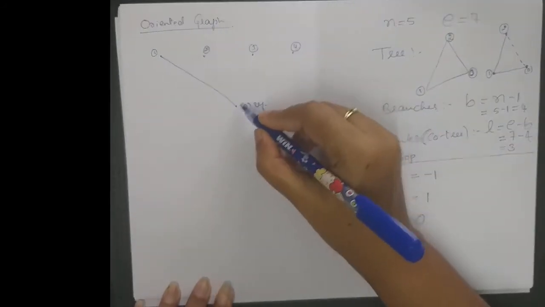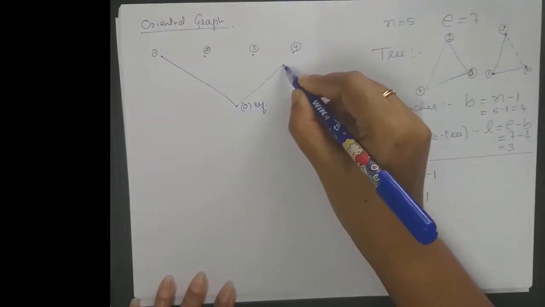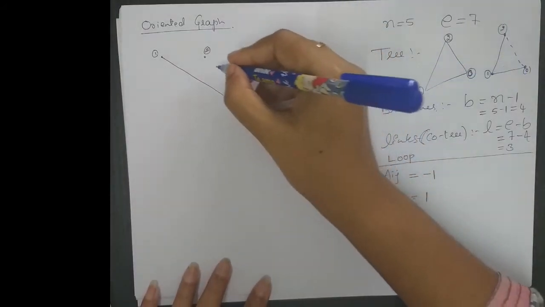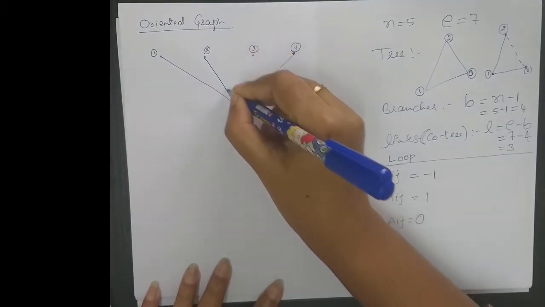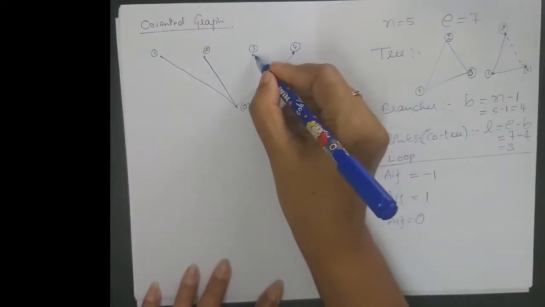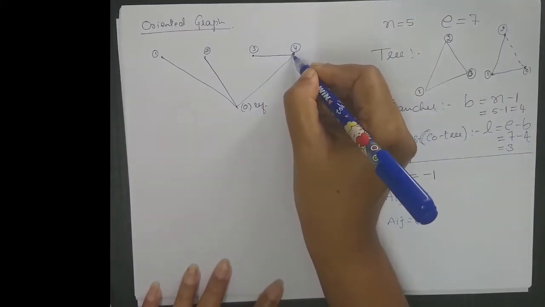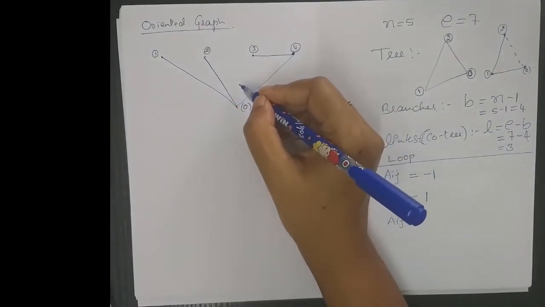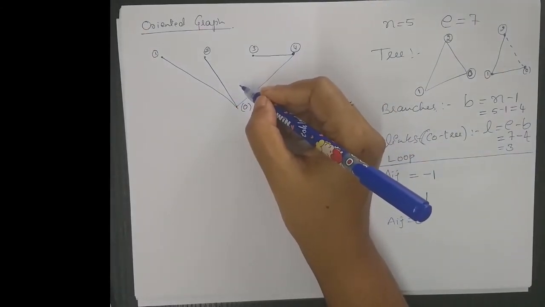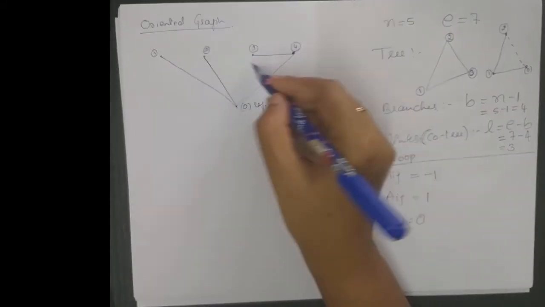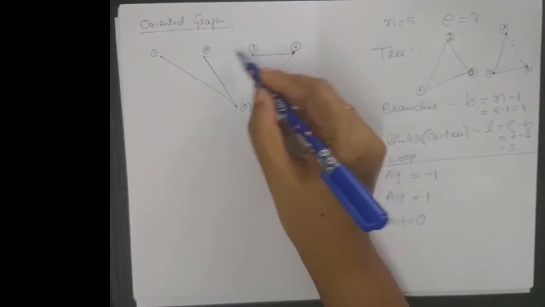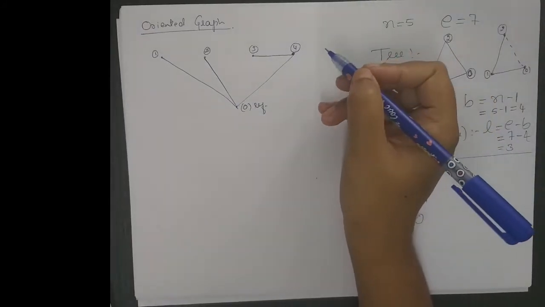Let this be one tree element, and this be one branch, and let this be one more branch, and another one. So this is a connected subgraph containing all the nodes, but no closed path.